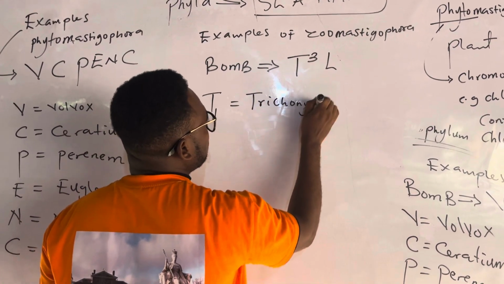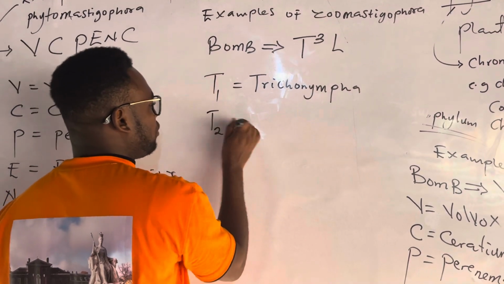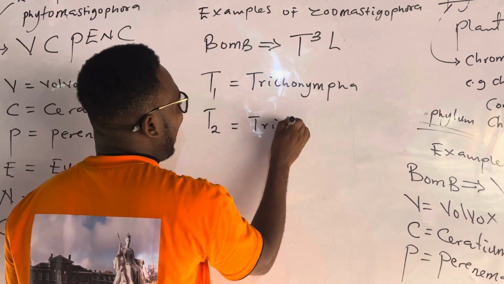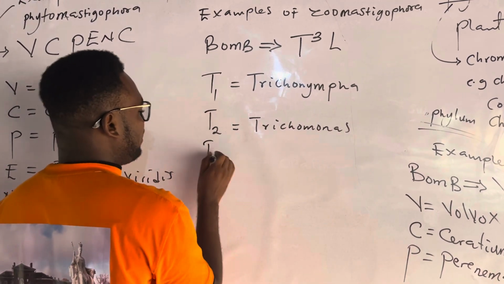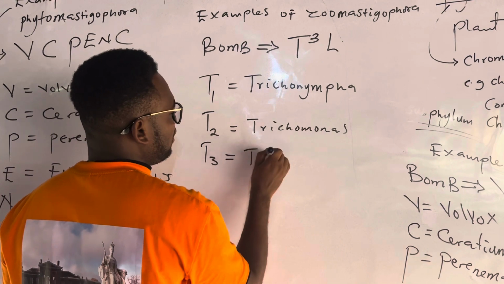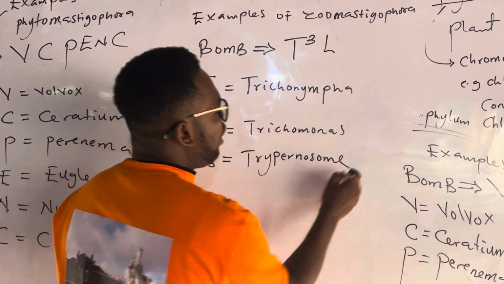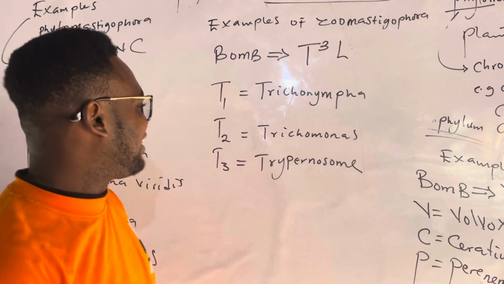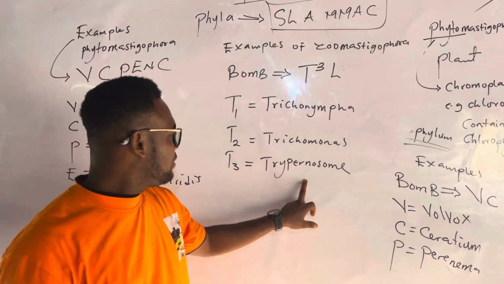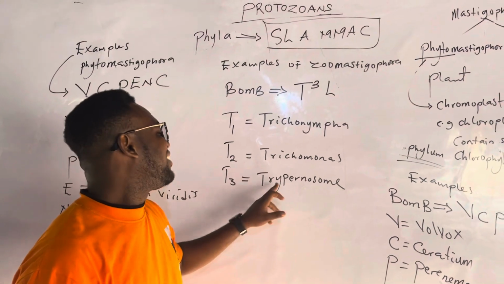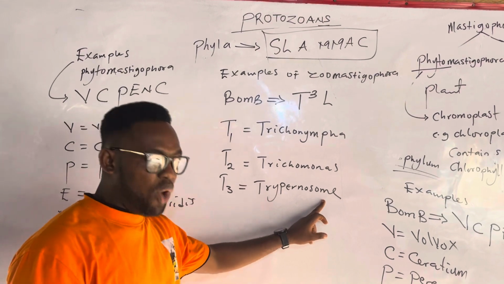So the T-cube-L, the first T, I can say T1, stands for what? Trichonympha. And then the next T, T2, Trichomonas. And then the T3, which is what? Trypanosome. Of course, we know this one from secondary school, that trypanosome is a causative agent of a disease called trypanosomiasis, which is what?